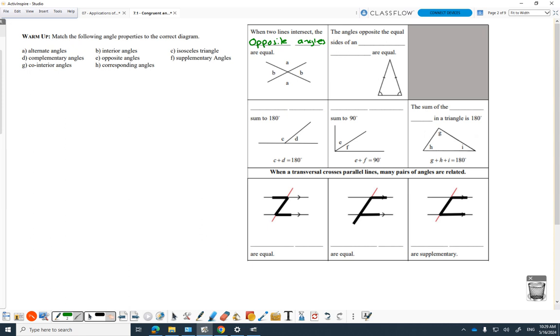Second one, C. He says, oh yeah, this is the one I thought was the easiest. I hope most people have seen the word isosceles triangle before. But take a look at what it says, because maybe you never thought about this before. Isosceles triangle: the angles opposite the equal sides of an isosceles triangle are equal.